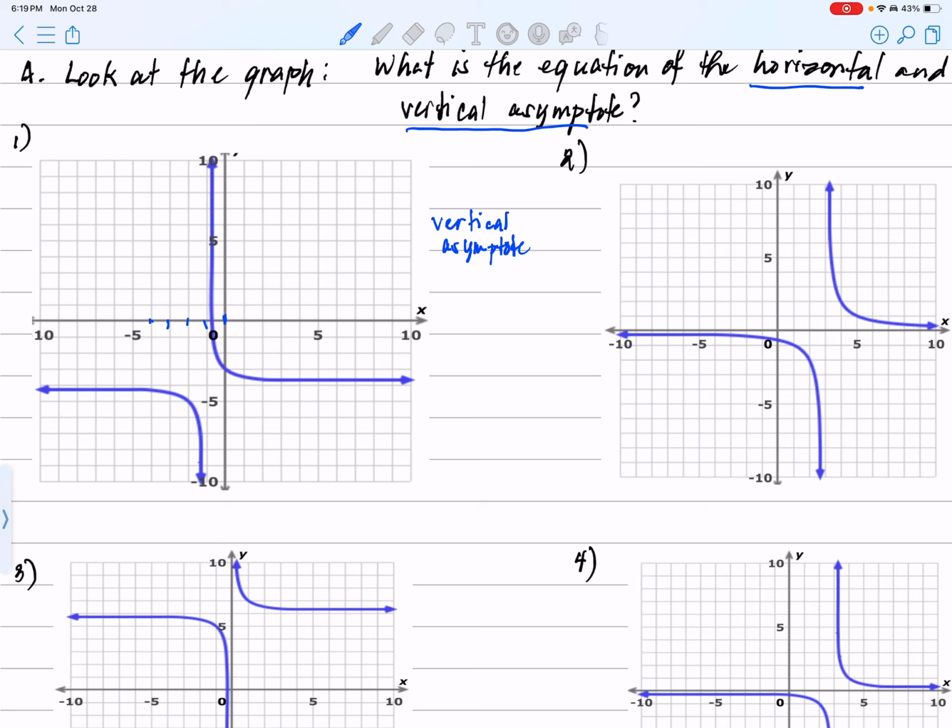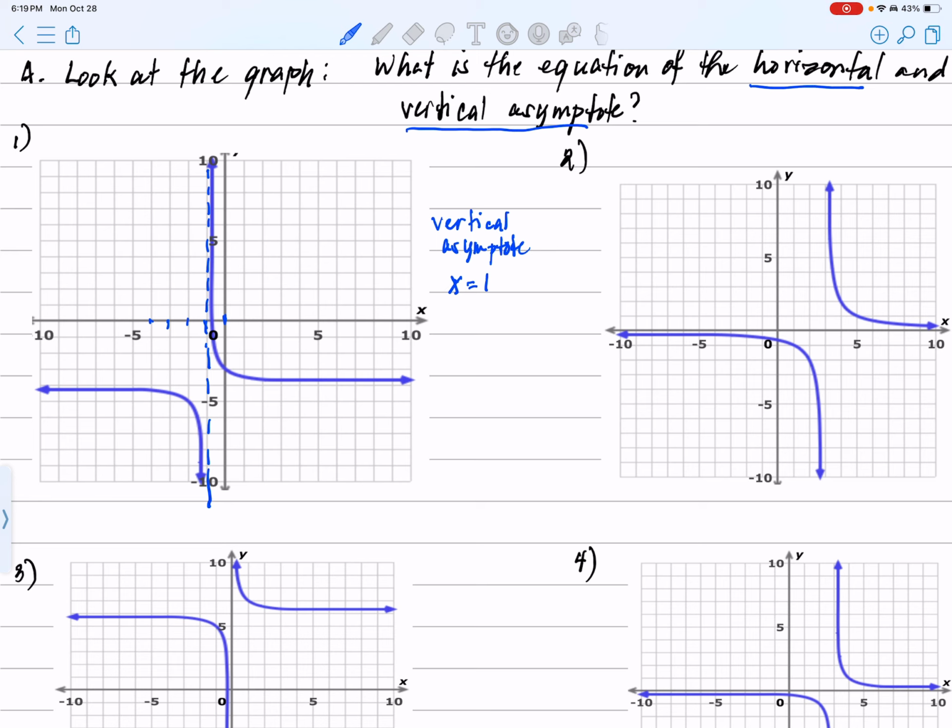All right. I can have a vertical asymptote right here, this line. So where is it located and where did it hit on the x-axis? So let's say it hit at 1. All right. So the vertical asymptote is x equals 1.